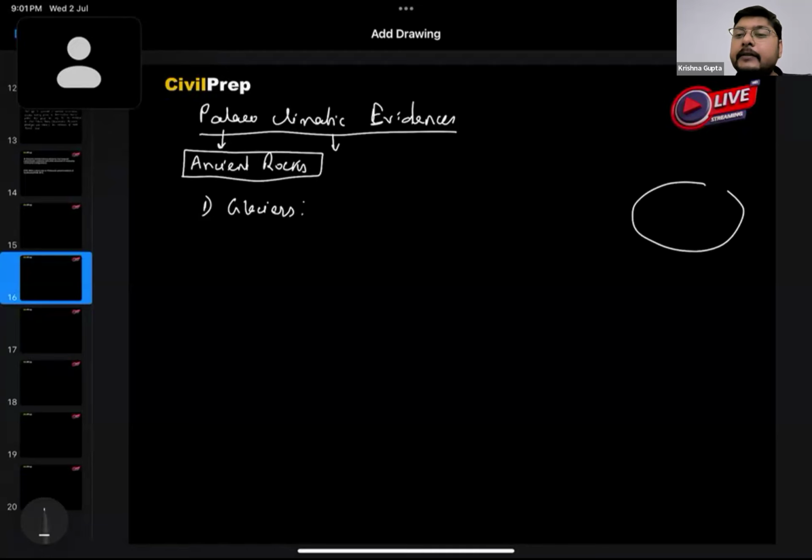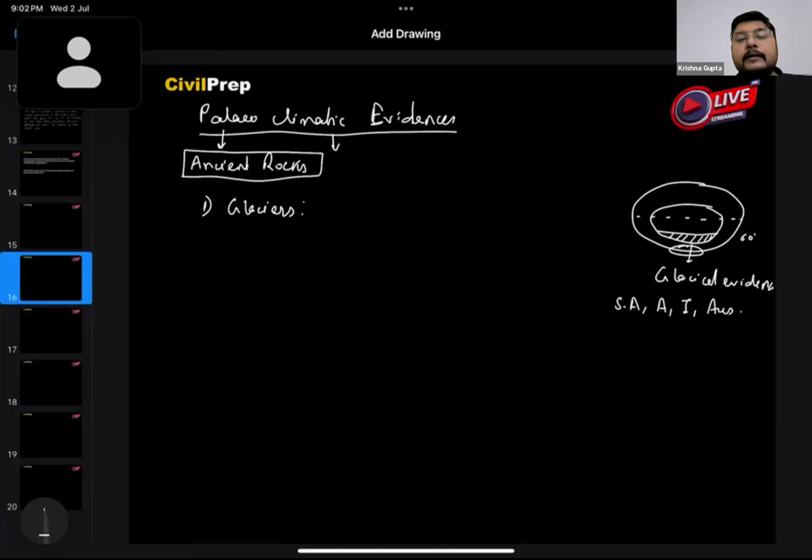So if we look here, this is the equator and this is Pangea. Here we'll be looking at the continents which were present after 60 degrees of latitude. They had glacial evidences, for example South America, Africa, India, Australia. Antarctica is still present in the South Pole, so it is not to say that it is one of the evidence here.